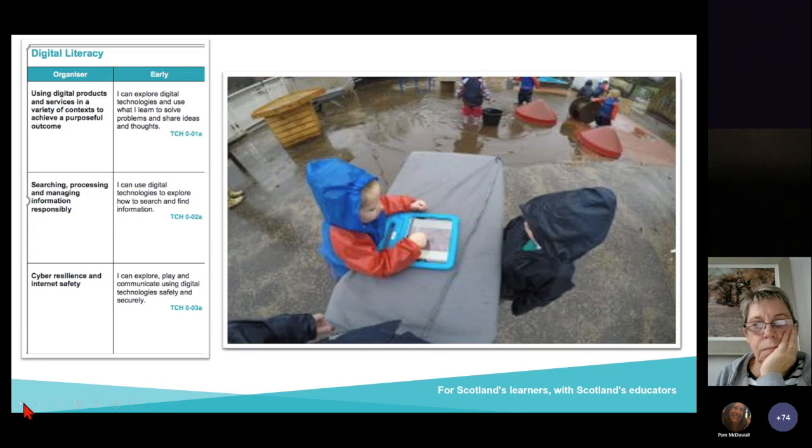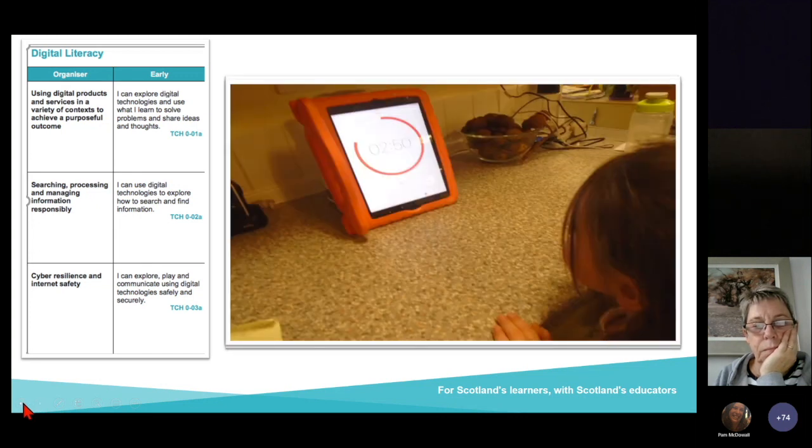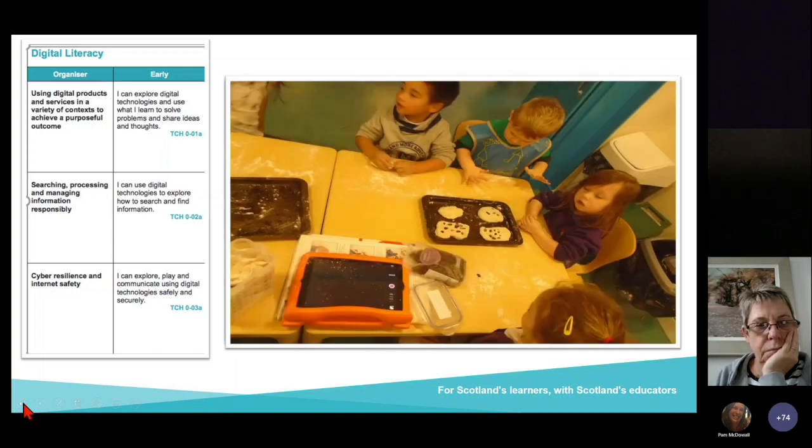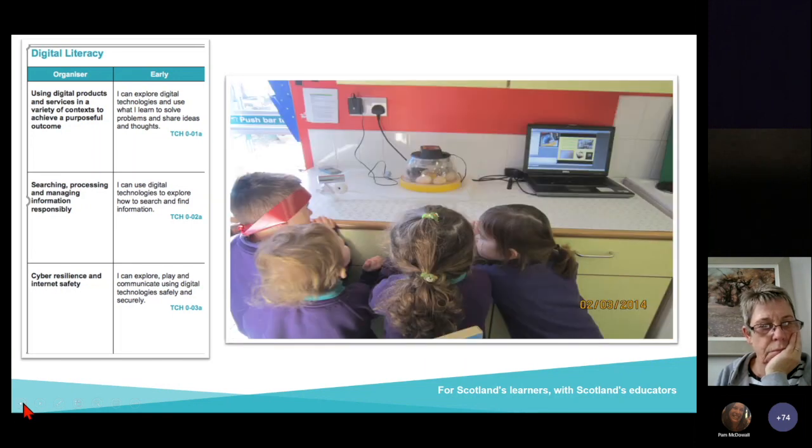What's also really nice is using very simple digital tools such as the timer tool, using recipes, for example, taking photographs of the different steps within that recipe, or recording using stop frame animation, using video evidence, capturing images, for example, of watching the eggs hatch and looking at a timeline for that.